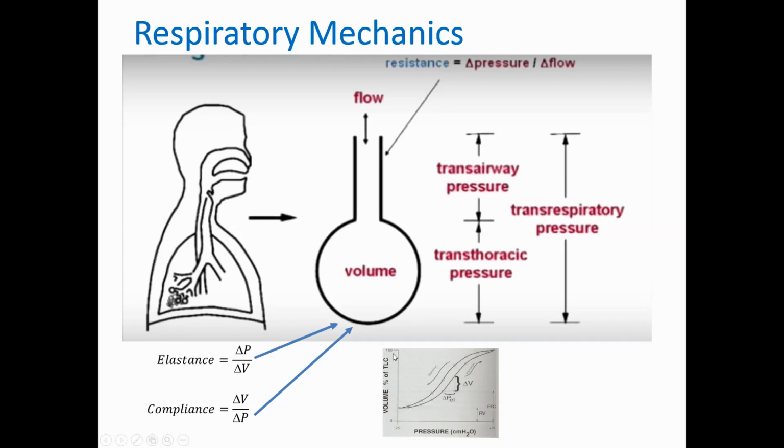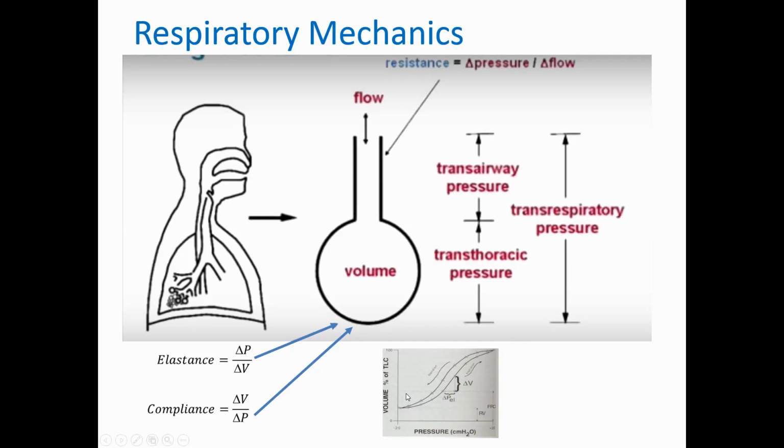Whenever you think about the amount of work that a person has to give, it's nothing but the product of pressure and volume. That's why you plot it in the pressure volume curve, and you end up with a curve of inspiration.